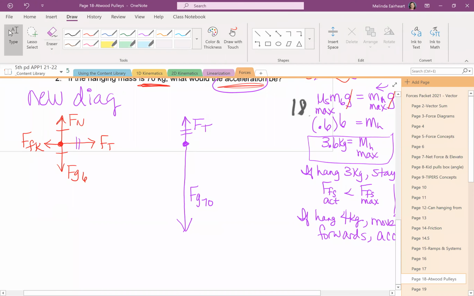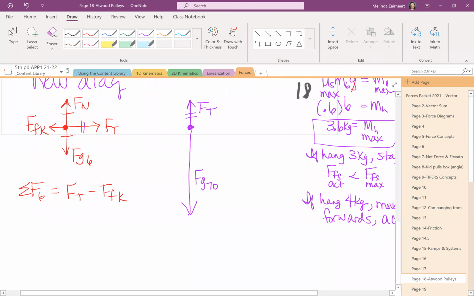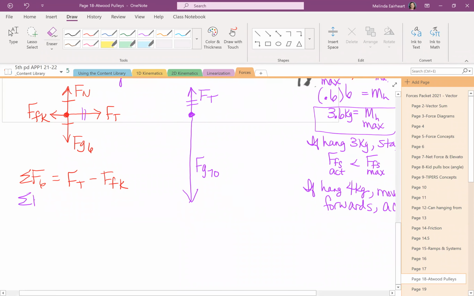To find the acceleration, we got our FNet statements. They're going to feel familiar, but we're just not going to zero out acceleration. And so FNet for the 6, in the direction of motion, so still horizontal, it would be FT minus the kinetic friction. For the hanging block, it would be FNet, whether you put hanging or 70, now that we know a mass, either way is fine.